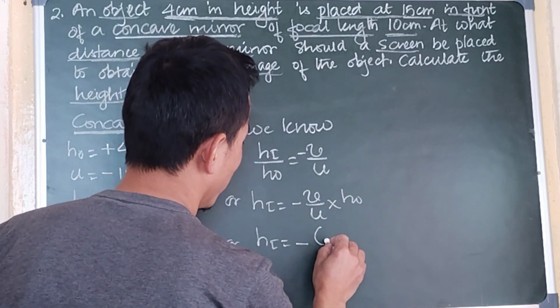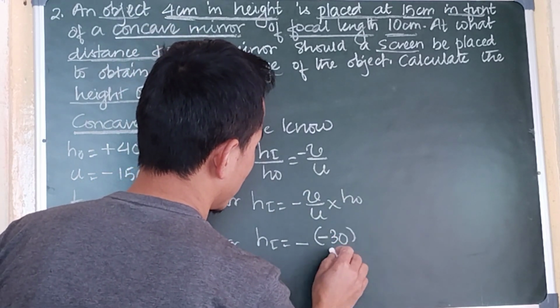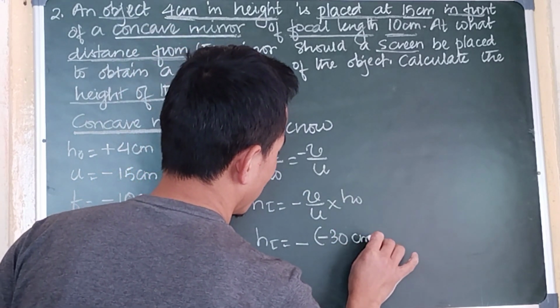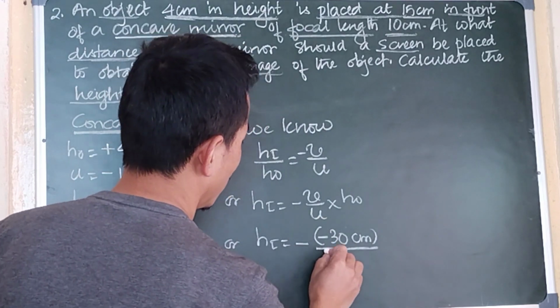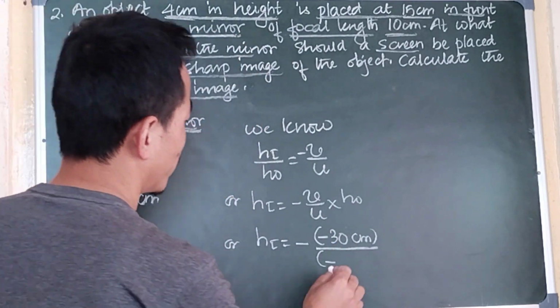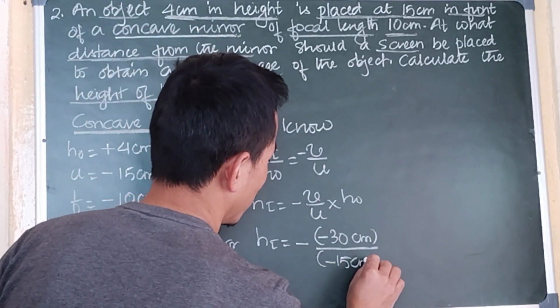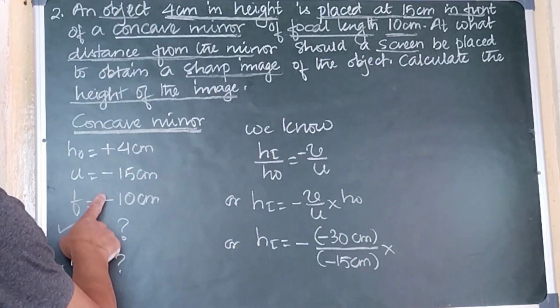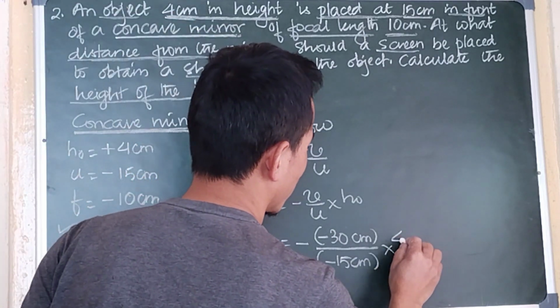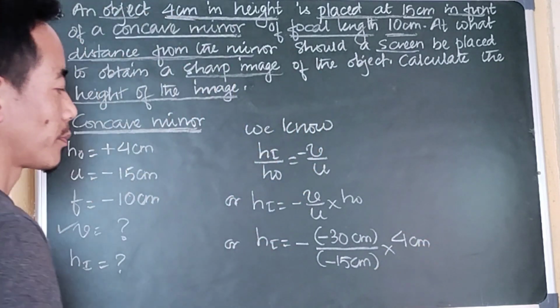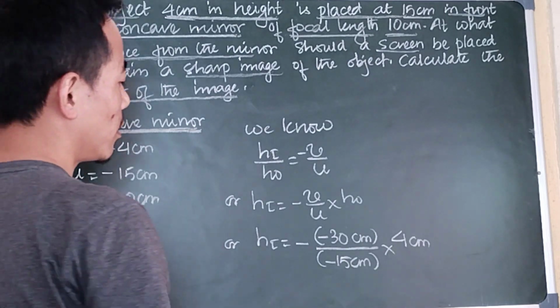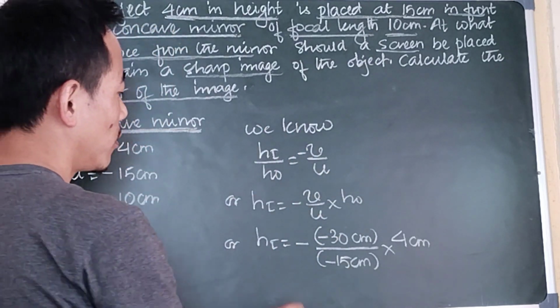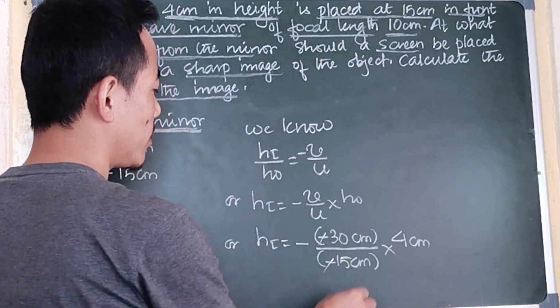So hi, now use the value with proper sign convention. So we have obtained v as -30 centimeter. Then we have u as minus of 15 centimeter. It's given. And height of the object, it's given as +4 centimeter. Now you can do the calculation directly here also. This minus and this minus gets cancelled.